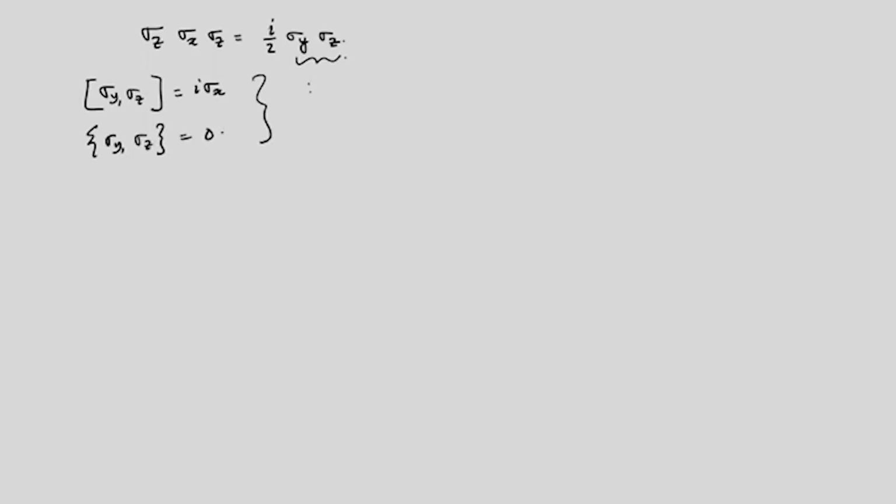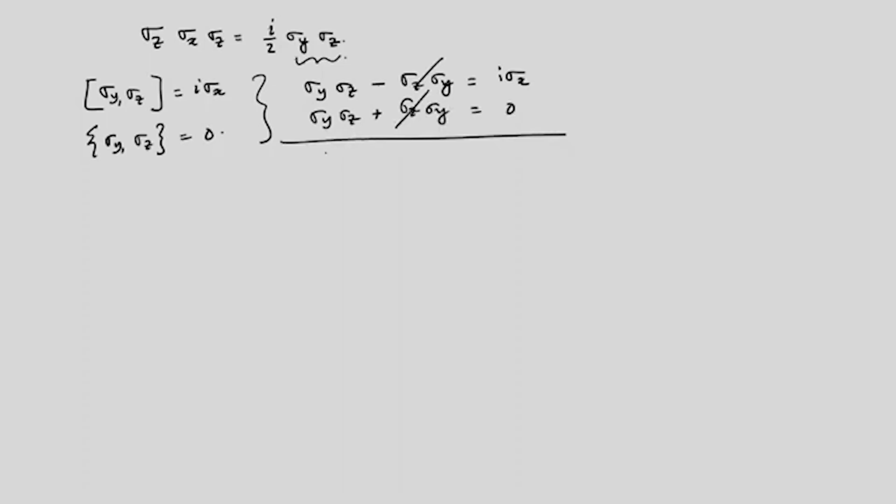So this again gives sigma y sigma z minus sigma z sigma y equal to i sigma x, and sigma y sigma z plus sigma z sigma y is equal to 0. Again we cancel these two and get 2 sigma y sigma z is equal to i sigma x, and sigma y sigma z becomes equal to i over 2 sigma x.